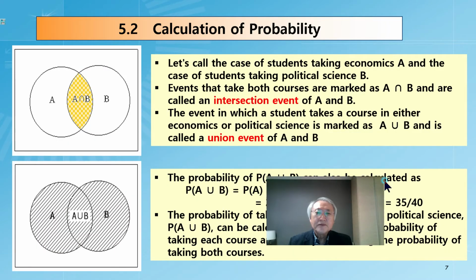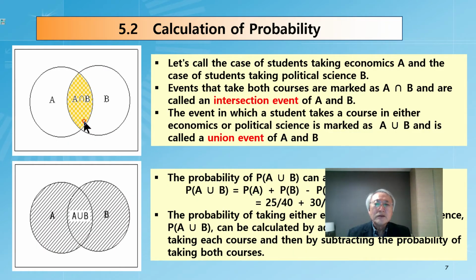In general, we denote that this is an intersection event. A, you have a set notation like this, intersection event B, if you are taking both courses. I mean, this is either A or B, taking one, but it includes taking both.